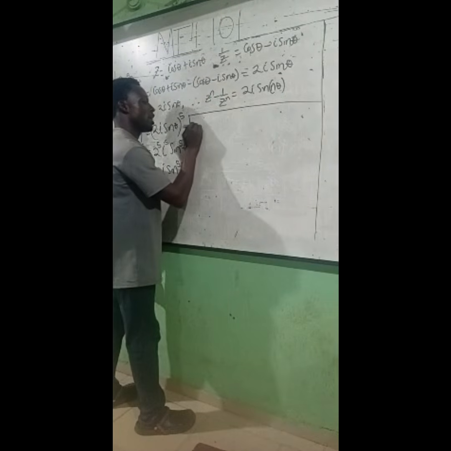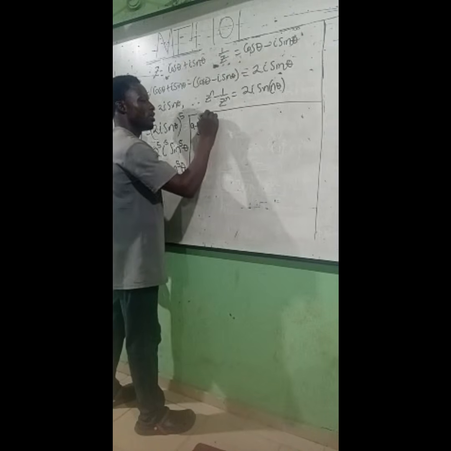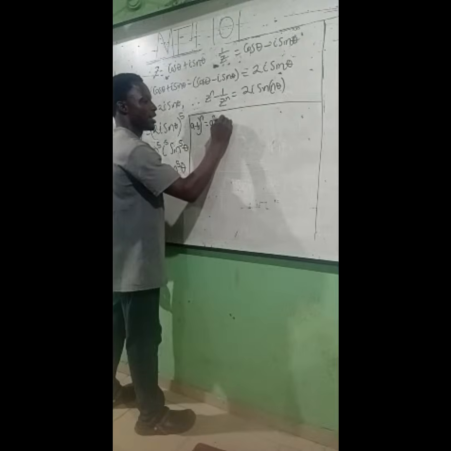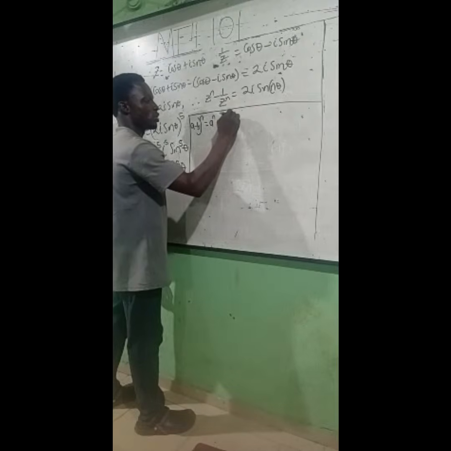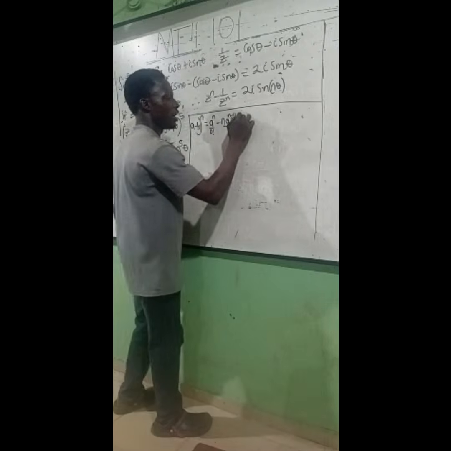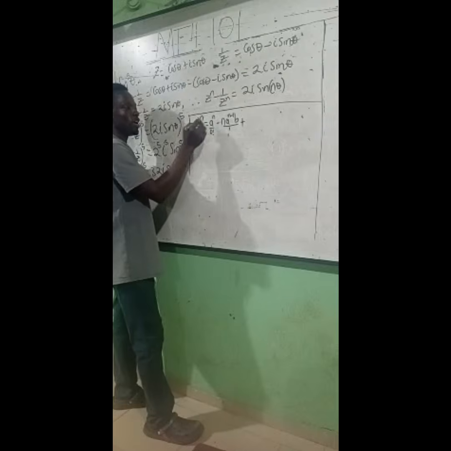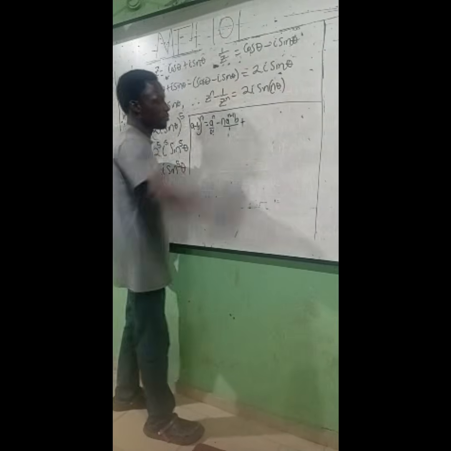If you have a minus b raised to power n, it is a raised to power n minus n a raised to power n minus 1 b over 1 factorial, plus minus plus. If this sign is minus, you have plus minus plus minus plus minus.